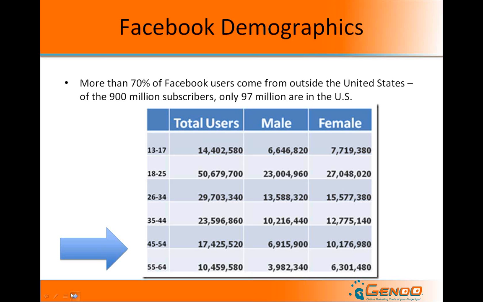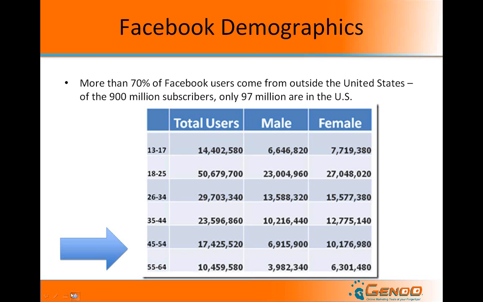And what's really fun when you look at the data is where the arrow is. Accordingly, there are a combined 28 million people over the age of 45 active on Facebook. Now that's impressive user numbers from a fairly older demographic that continue to grow.